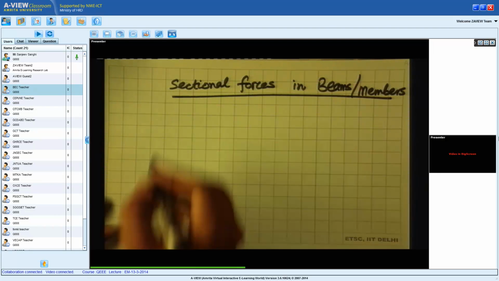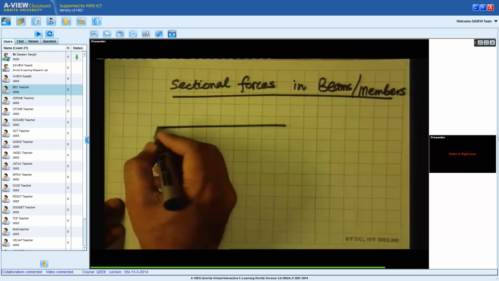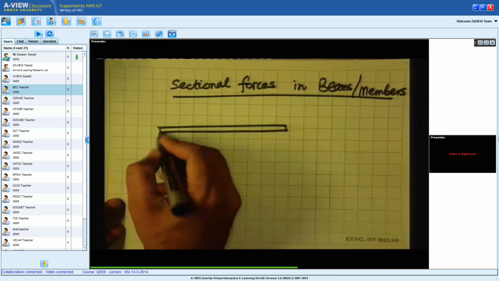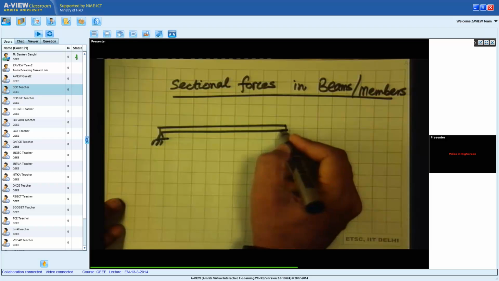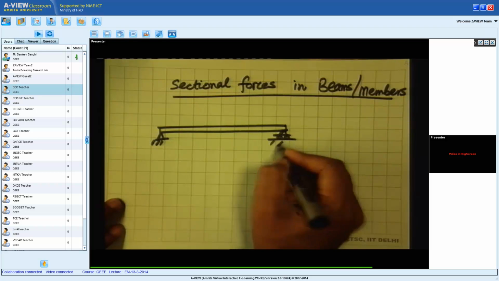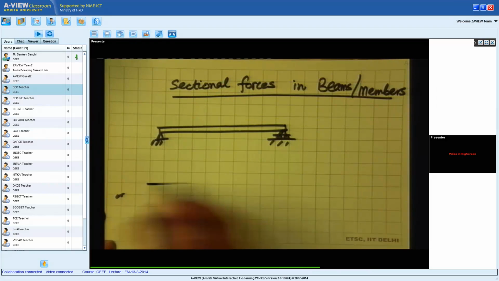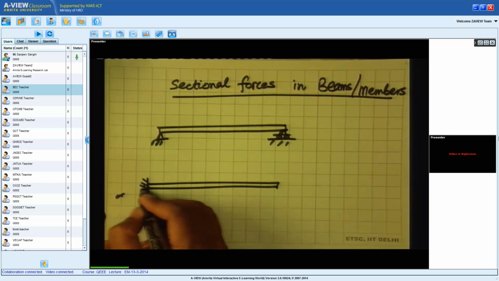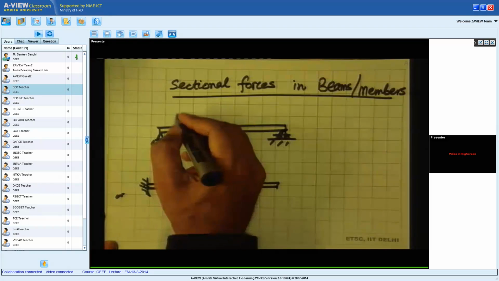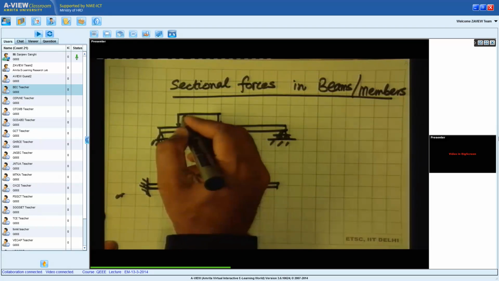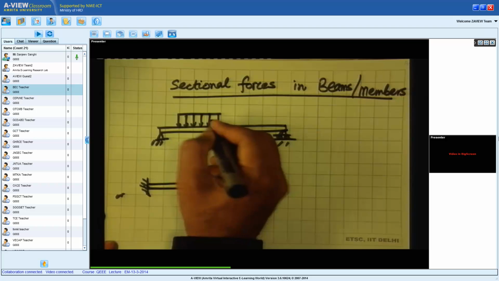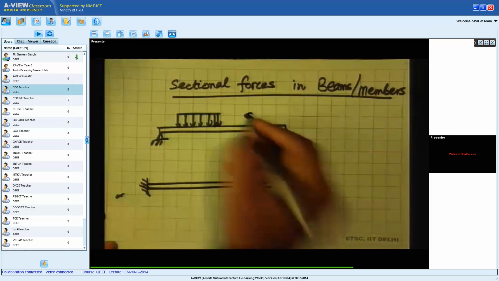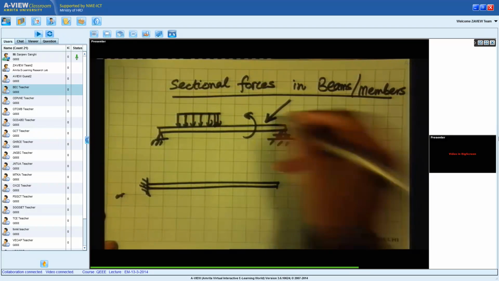And what we said was that suppose there's a beam, I show this as a general loading. This is a fixed end in the wall, and on this we show some distribution of forces, moments like this.